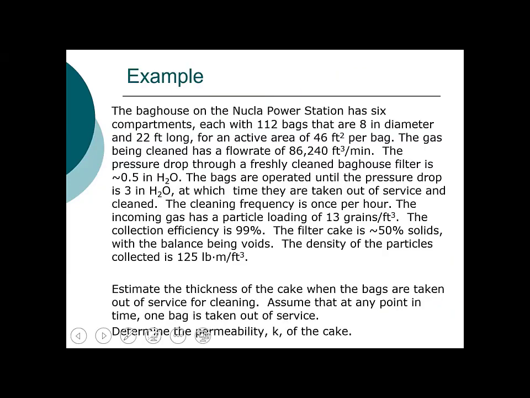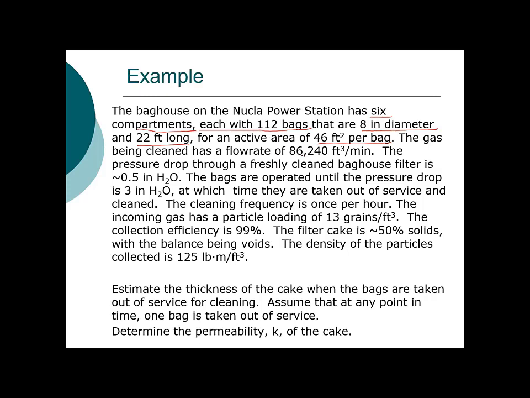So we'll do an example here. We have a Baghouse on a nuclear power station. It is 6 compartments, each with 112 bags. Each bag is 8 inches in diameter, 22 feet long, with an active area of 46 square feet per bag.